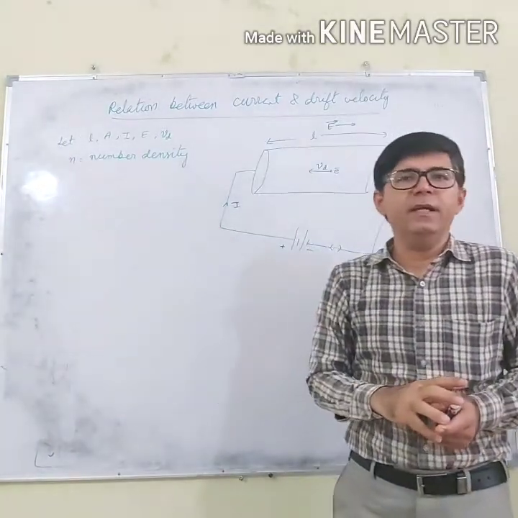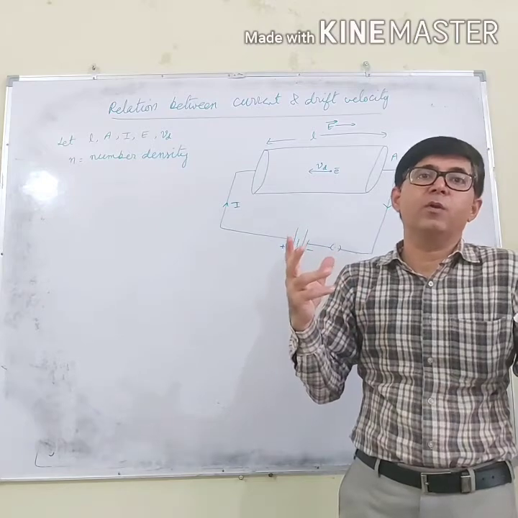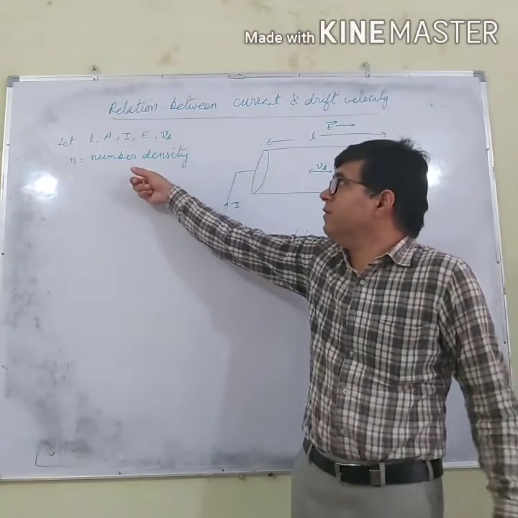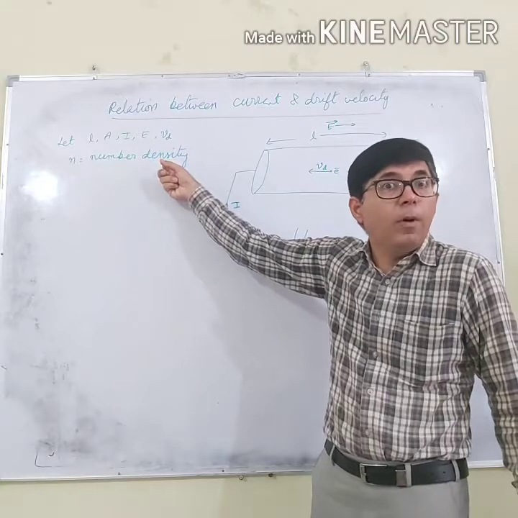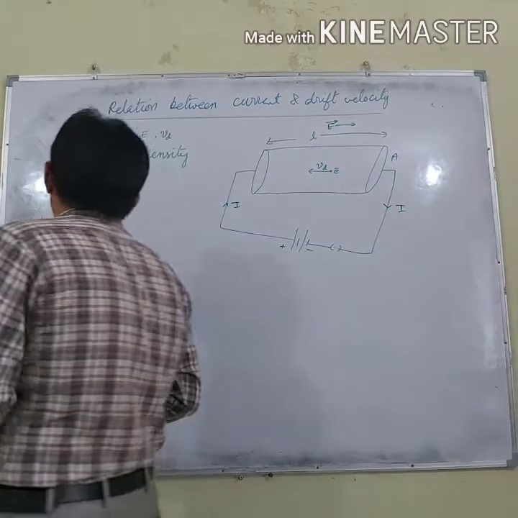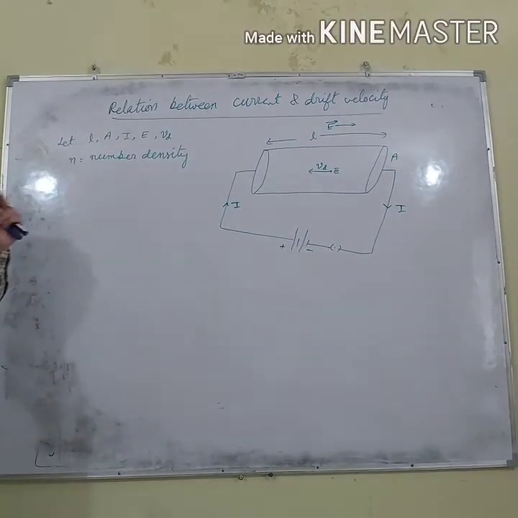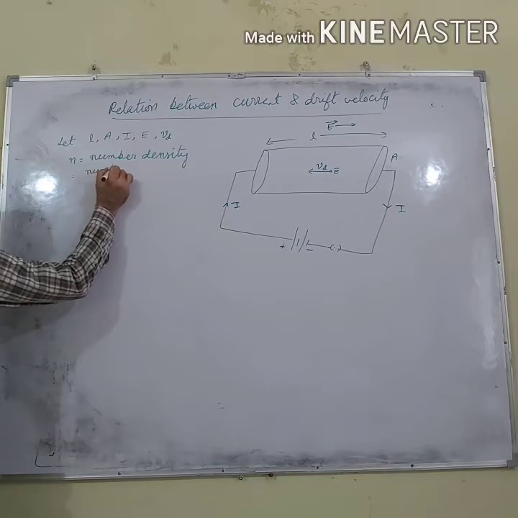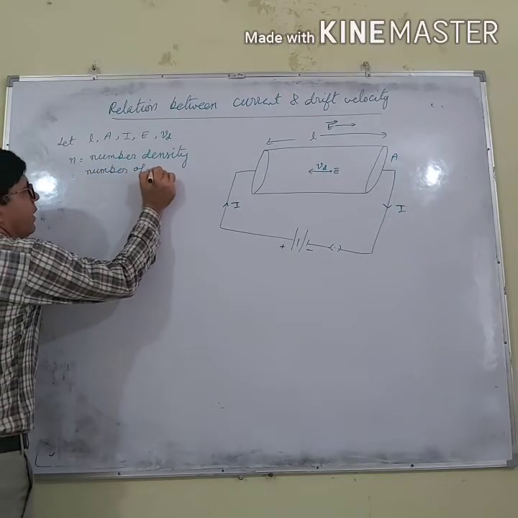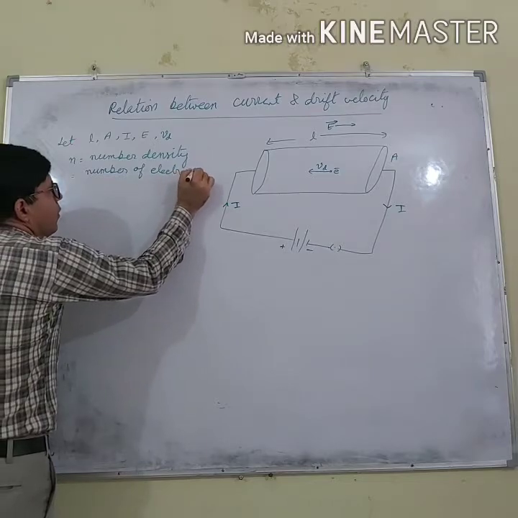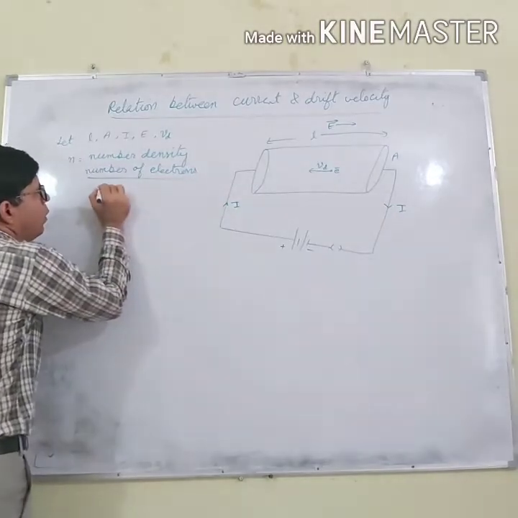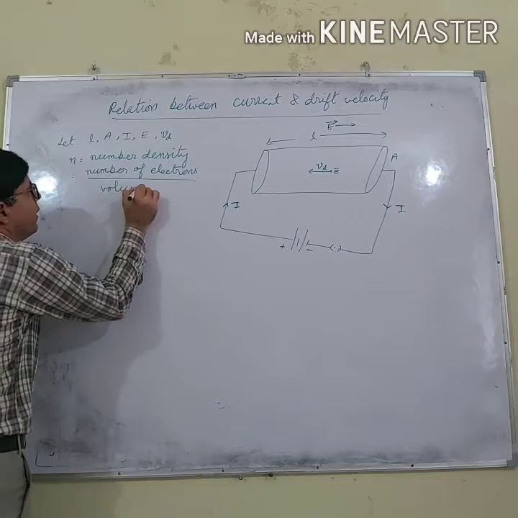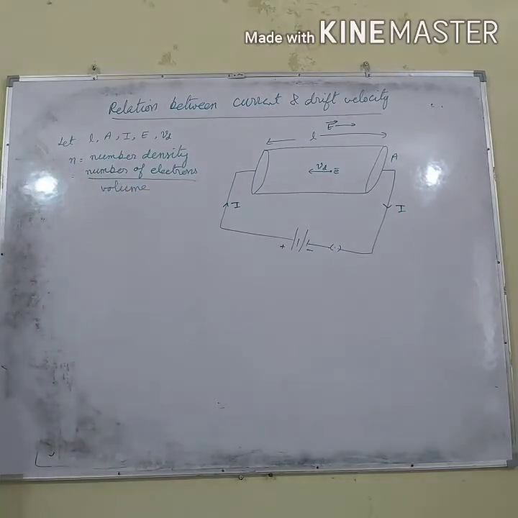We have done density in grade 11, that is mass per unit volume, and number density means the number of electrons per unit volume. So n represents the number density, that is, the number of electrons per unit volume.